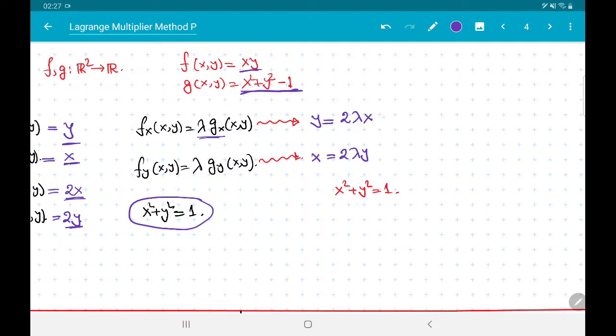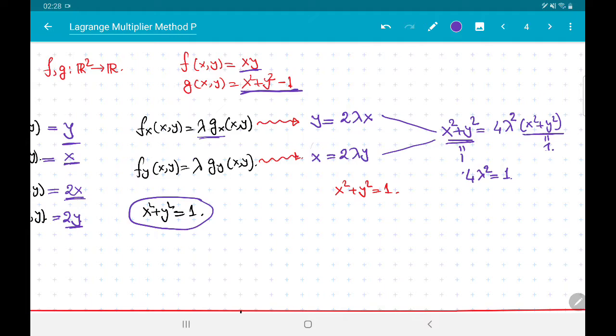So we square both equations and add them up. This gives x square plus y square is equal to 4 lambda square times x square plus y square. We know that this is equal to 1, and consequently 4 lambda square is equal to 1.